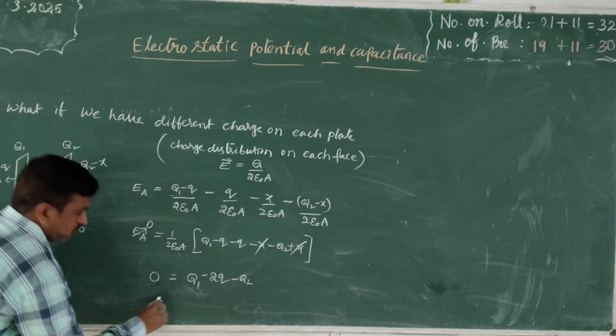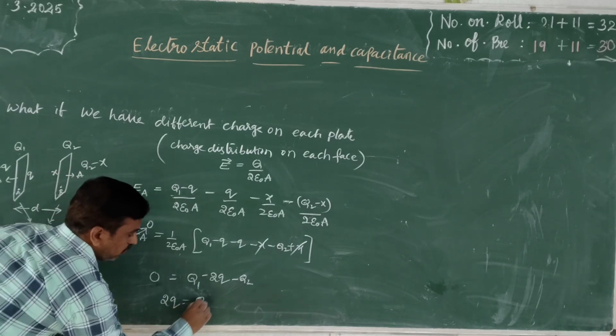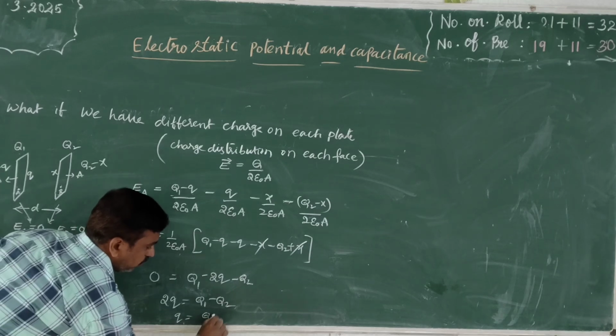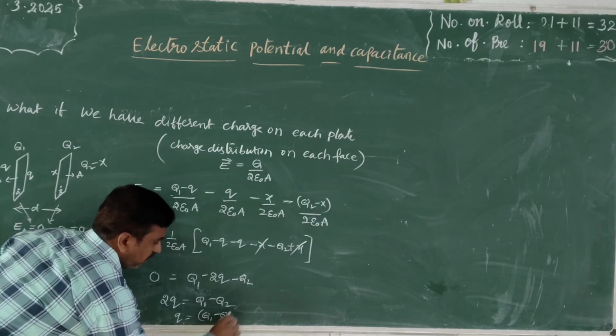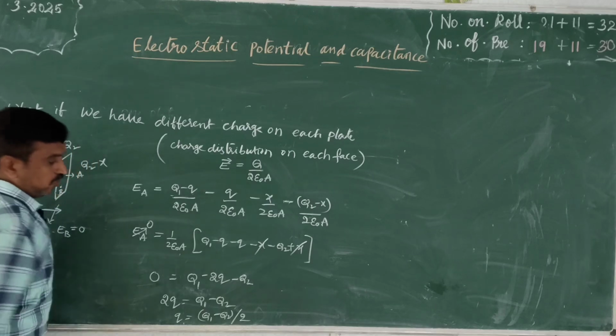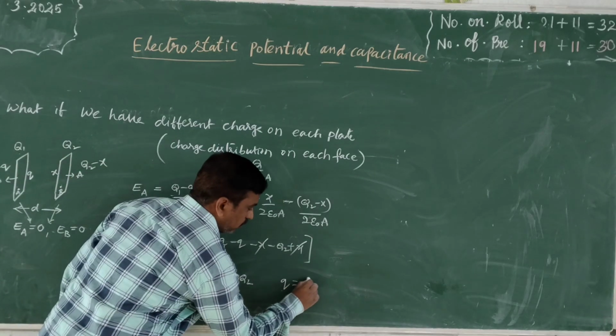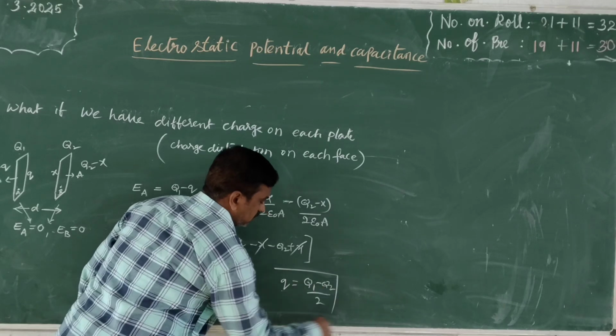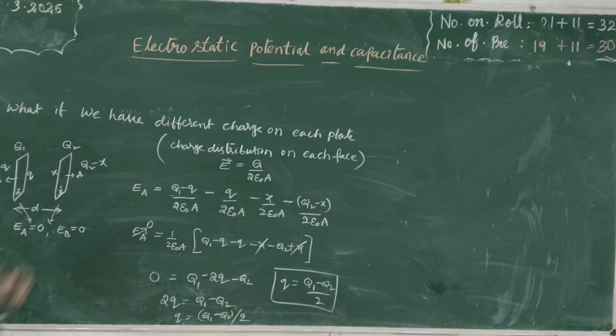So 2q equals q1 minus q2, and we get q equal to q1 minus q2 by 2. This is the charge on this face.